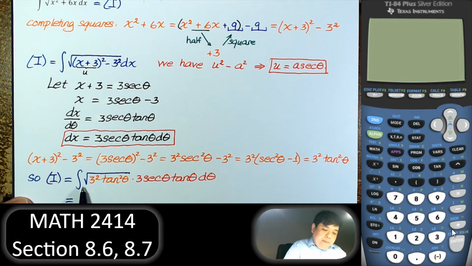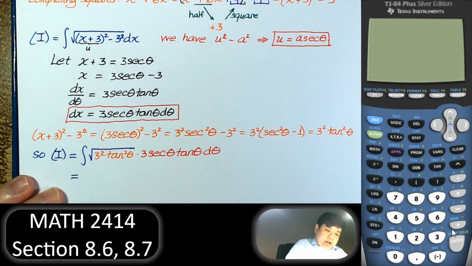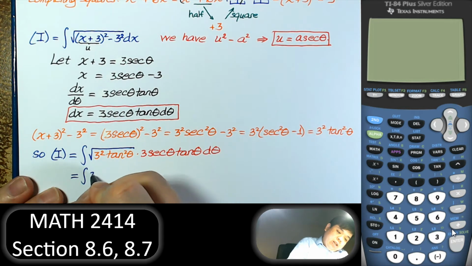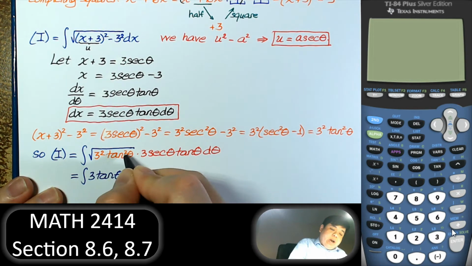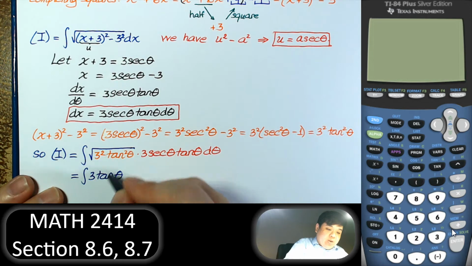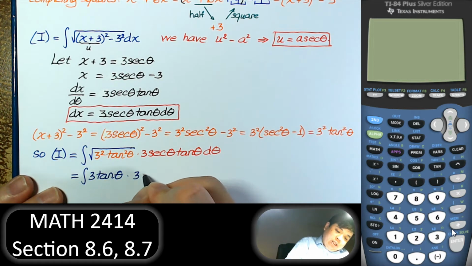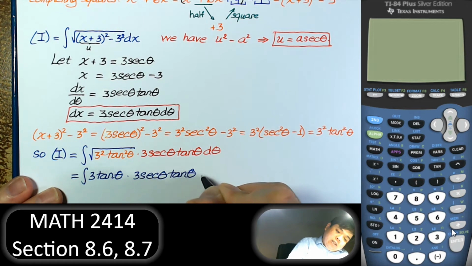Now, the square root and the square cancel out. We have 3 tangent theta. The square cancels with the square root, and then we have 3 secant theta tangent theta d theta.